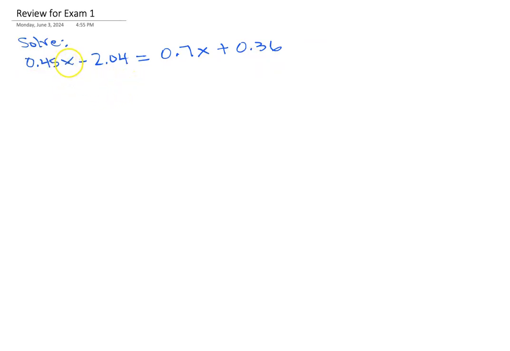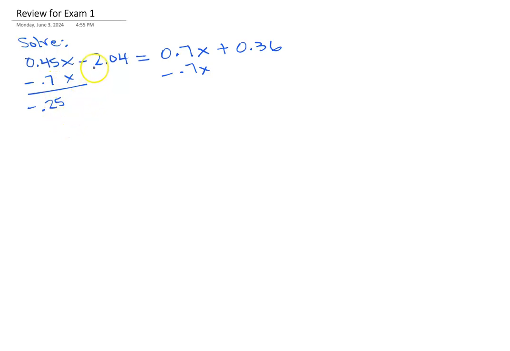So on this, we want to get the x's on the same side, so I'm going to start by subtracting that 0.7x over. And when I do that, I get negative 0.25x, right? Because if you put it in your calculator, 0.45 minus 0.7.